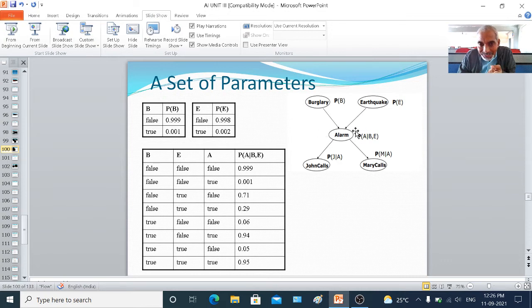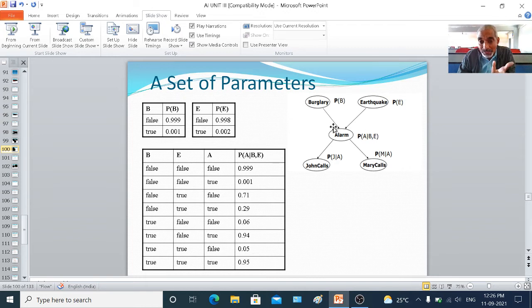Now when you consider this alarm, when it is going to ring, it depends on either B or E, conditional probability. The alarm will only ring if there is a burglary happening, if there is a robbery. That is the probability of B. So what is the probability of occurrence of event A, the alarm, given that B has occurred, given that there is a robbery?